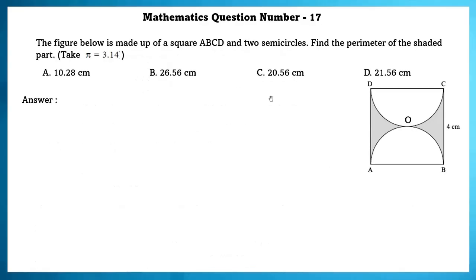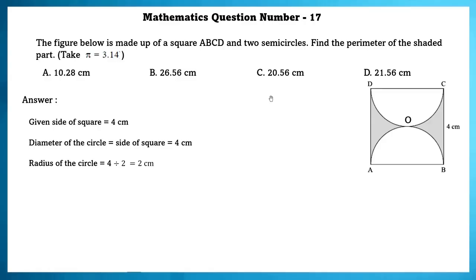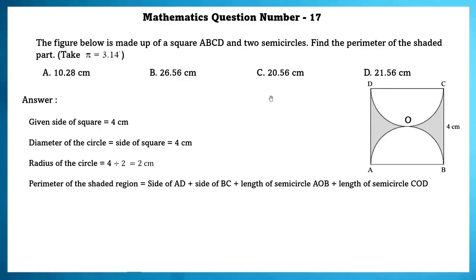Mathematics question number 17. The figure below is made up of a square ABCD and two semicircles. Find the perimeter of the shaded part. Take pi as 3.14. Given side of square is equal to 4 centimeters. Diameter of the circle is equal to side of square, which is equal to 4 centimeters. Radius of the circle is equal to half the diameter, that is 2 centimeters.